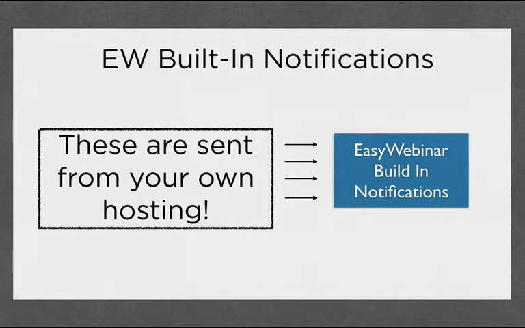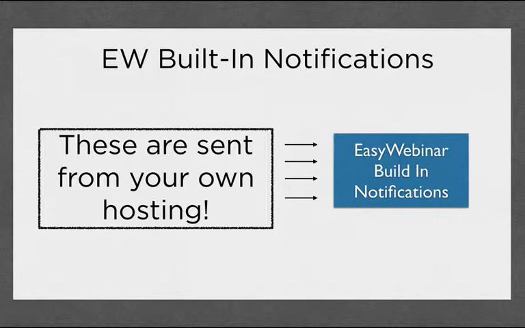So to really understand, though, how these emails are delivered, here's the thing. They are sent out from your own hosting, and here's why. Because EasyWebinar is a WordPress plugin. It plugs into your WordPress site, and everything is really sent from your own server, and that also includes the emails that are going out. They are really sent from your own server.